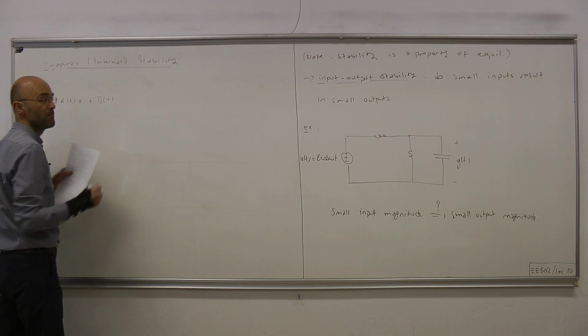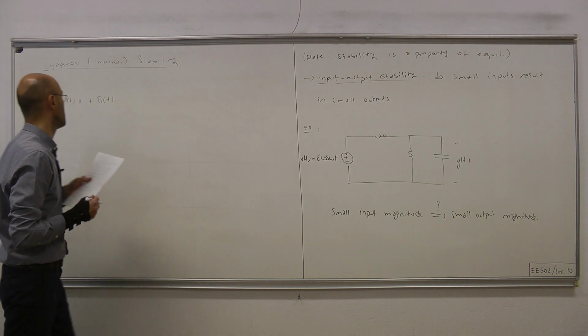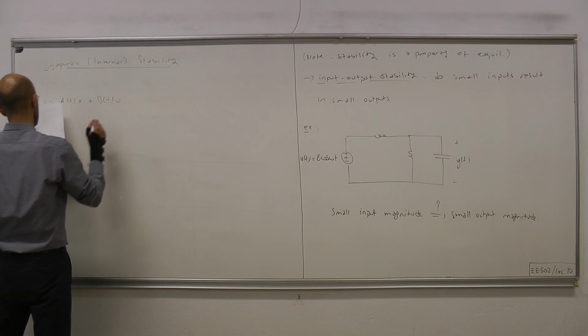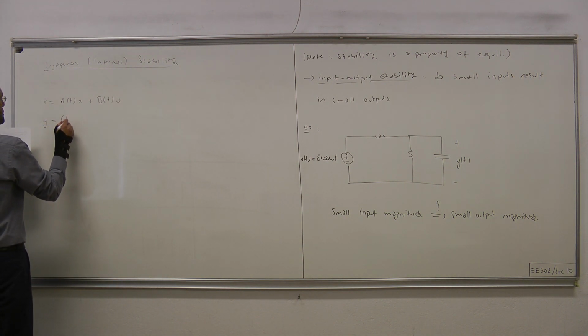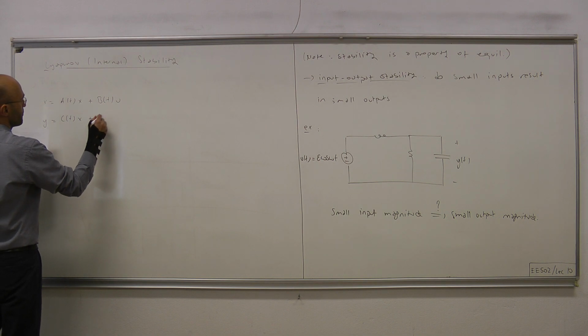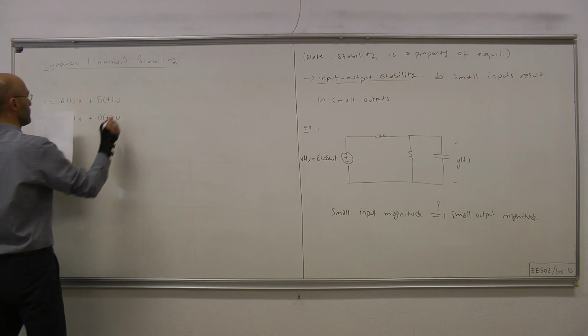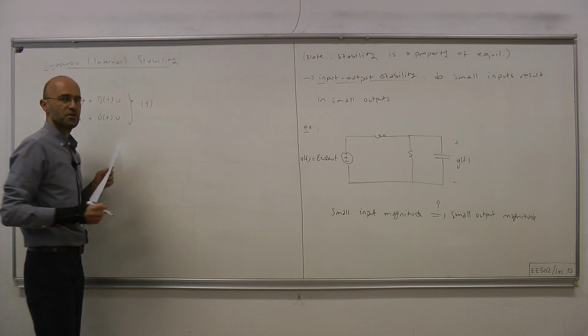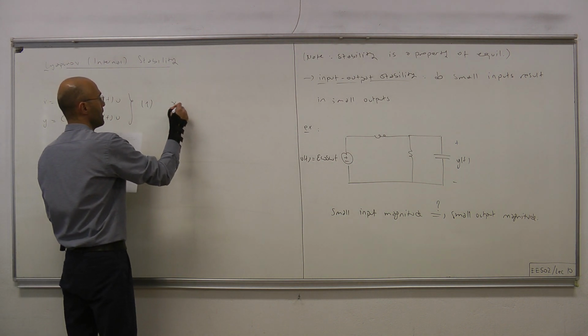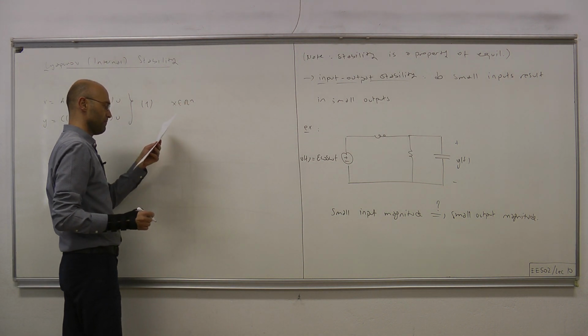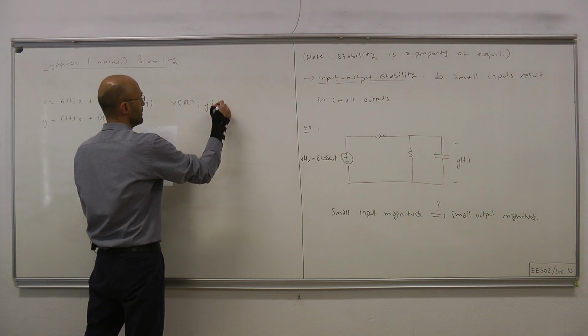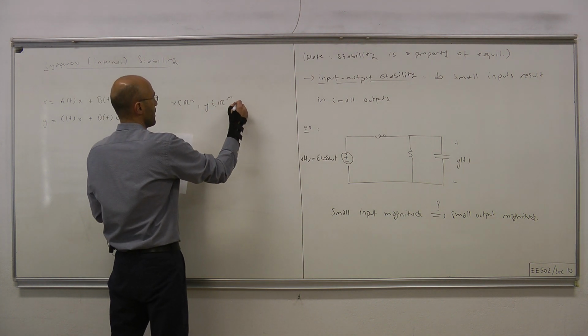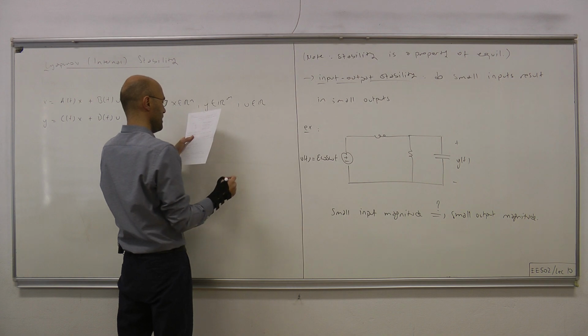Okay, so we put the general notation on the board. x dot equals A(t)x plus B(t)u and y equals C(t)x plus D(t)u. Okay, this is our system, system 1, x being the state, y the output, and u indicating the input.